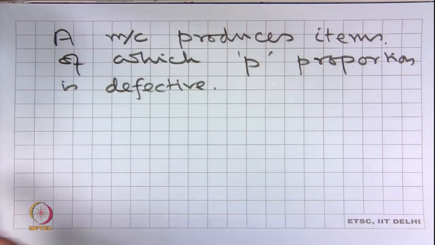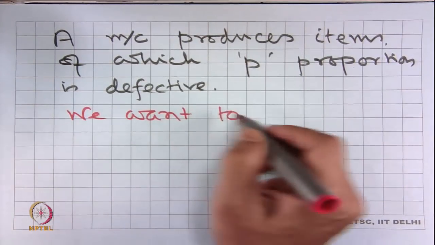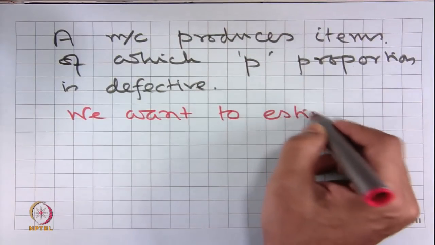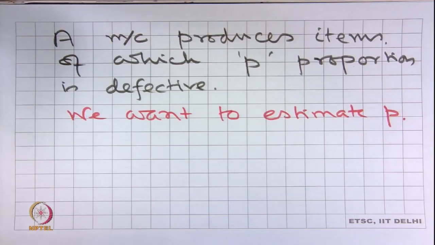In reality, we often like to estimate p. Of course, we can test an item produced to see if it is defective, but complete enumeration is often a problem, and secondly, sometimes the tests are destructive. So, if we destruct all the elements produced, then there is nothing remaining for further use.